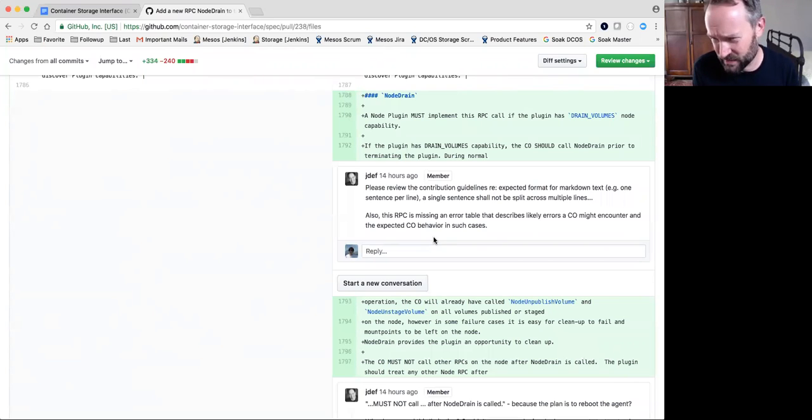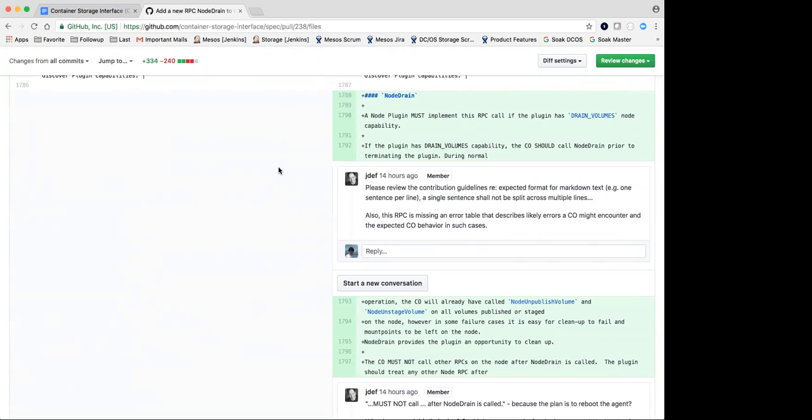But I think that's a fine change to make. We can handle termination of the process in whatever way that normally happens with stuff running in a container. So the expectation would be that while drain is happening, after you've invoked drain but before it's responded, we shouldn't have other RPCs called. Because if you try to publish something while you're in the middle of draining, that could be very bad.